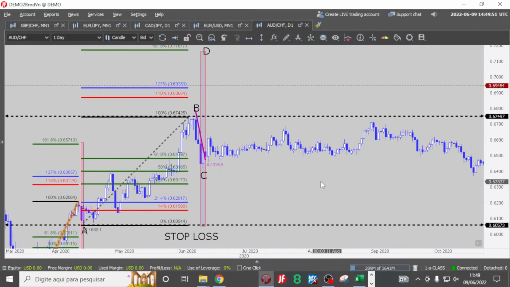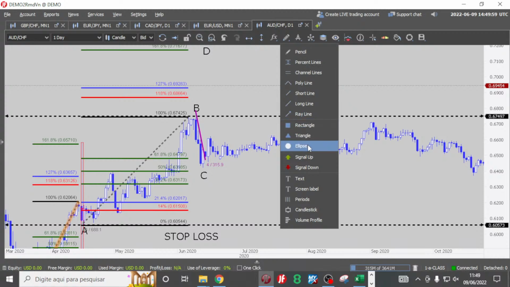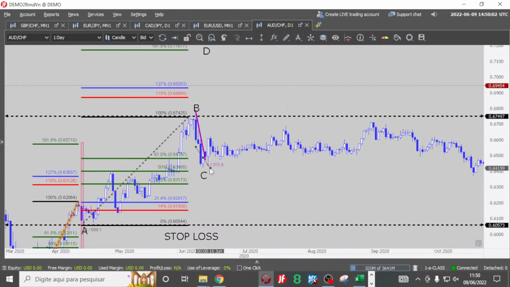Everybody, when something like this happens, what do we need to do? We entered the trade with this C, right? But the market pushed lower. What does this mean?